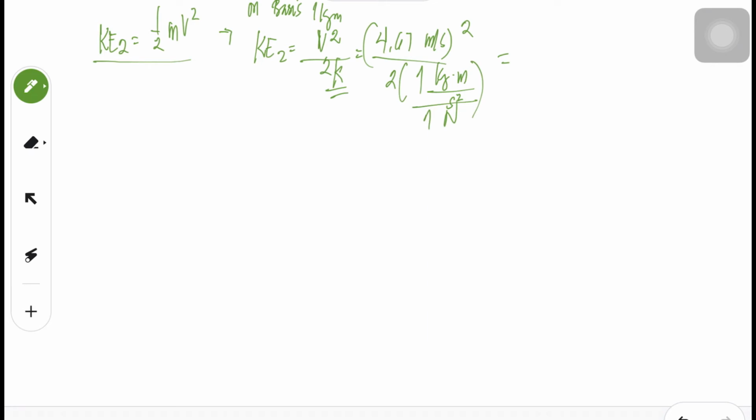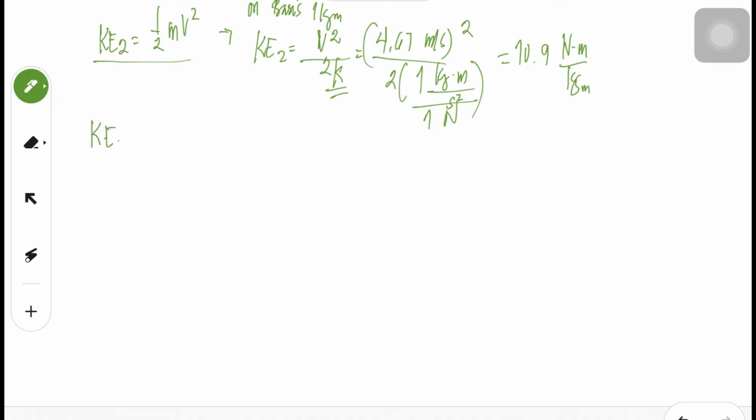So 4.67 divided by 2. So this is now 10.9 Newton meter per kilogram mass. Okay? So ulitin ko lang.